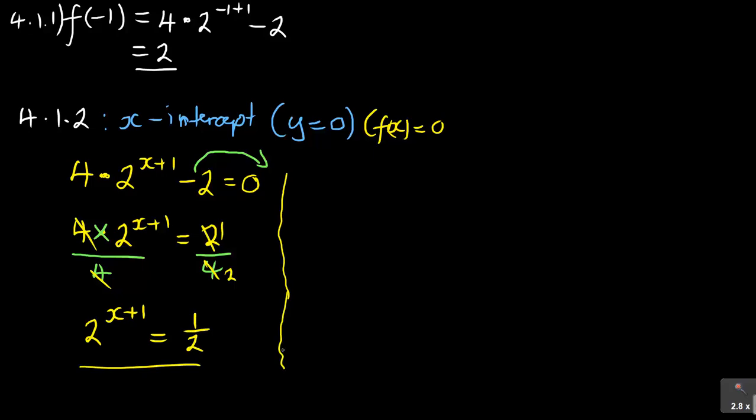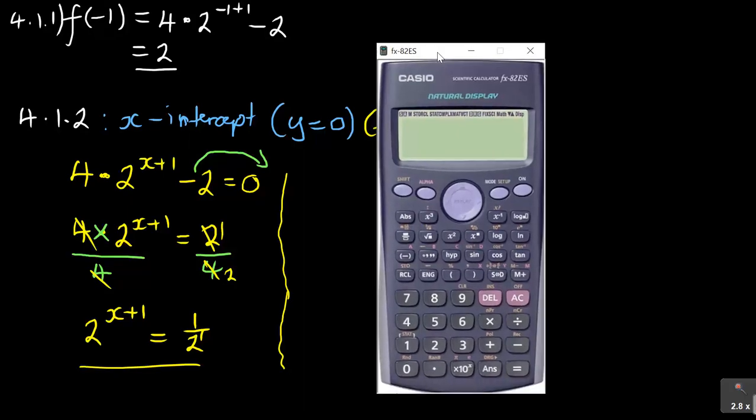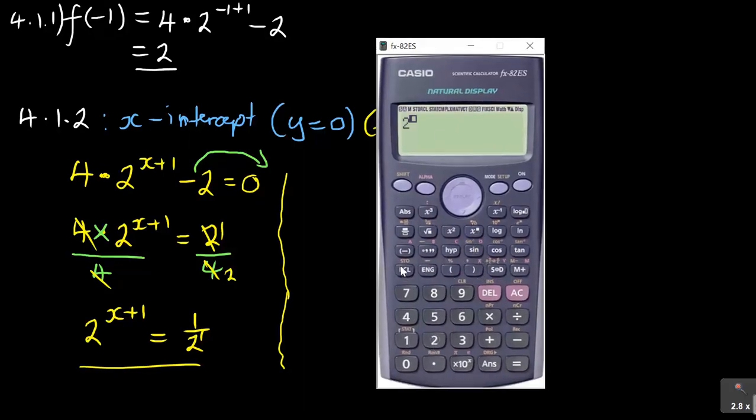These are exponential rules. What you need to know is that a half is the same as 2 to the power of -1. If I take a calculator and say 2 to the power of -1, you can see that it's a half.